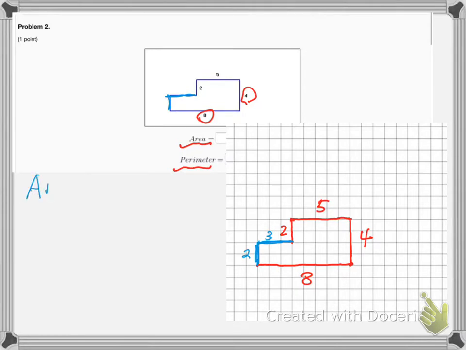Now what's the area? Area by definition is all the unit squares inside the picture. So all these small squares inside. Let me change the color and count them: 1, 2, 3, up to 26.